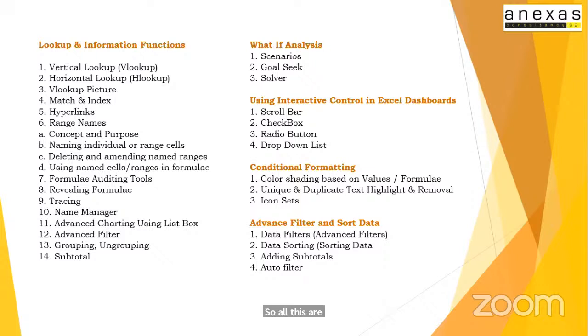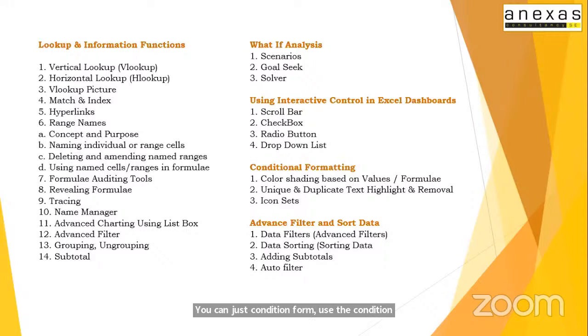You have different types of forms you can use, and using interactive controls in the Excel dashboards, you can do scroll bar, check box, and all. Conditional formatting, you would have started using it. You have many usages for it. You can use conditional formatting for a particular cell based on another cell also.